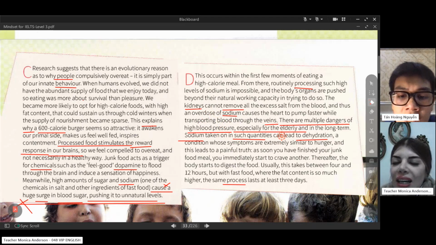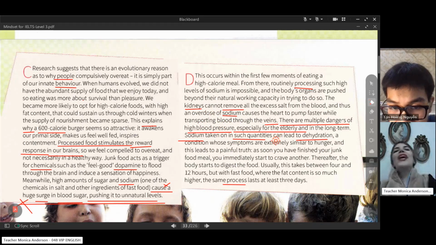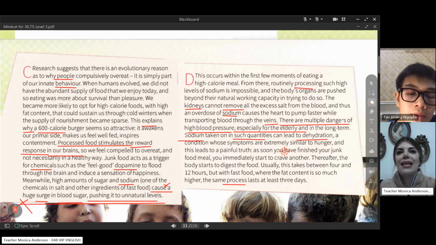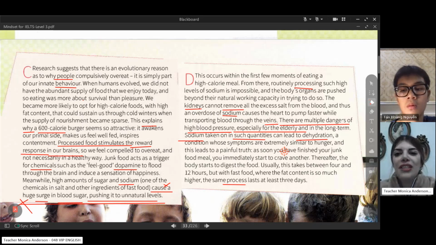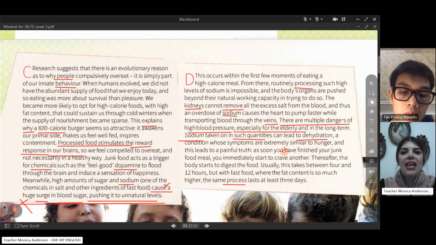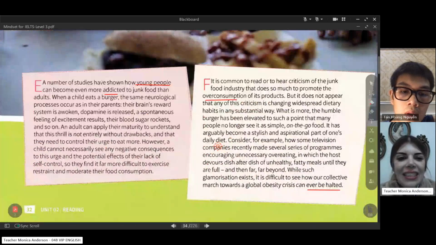Yes, the elderly. That's great. So it's a danger for the elderly because actually it causes high blood pressure. In the long-term, sodium taken in such quantities, unneeded, can lead to dehydration. So of course, the elderly.